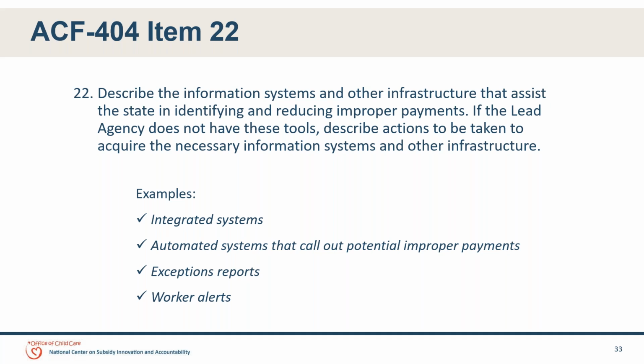You can also think about automated systems that profile and highlight potential improper payments or errors, or that have the capability for ongoing reports, ad hoc reports, eligibility worker alerts. Anything along those lines is really helpful to include in your description. You can also describe any limitations that you have with your current technology and any plans that you have to acquire additional systems or upgrade what you already have.